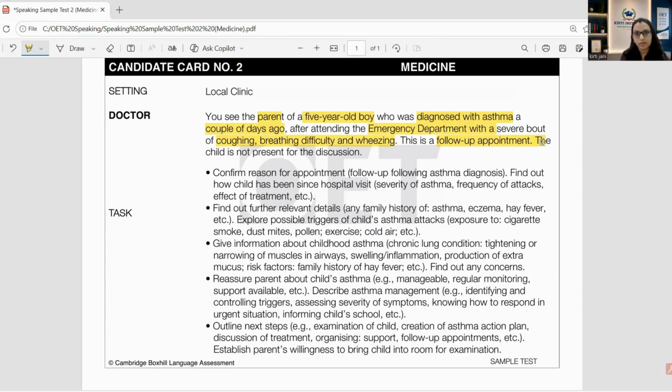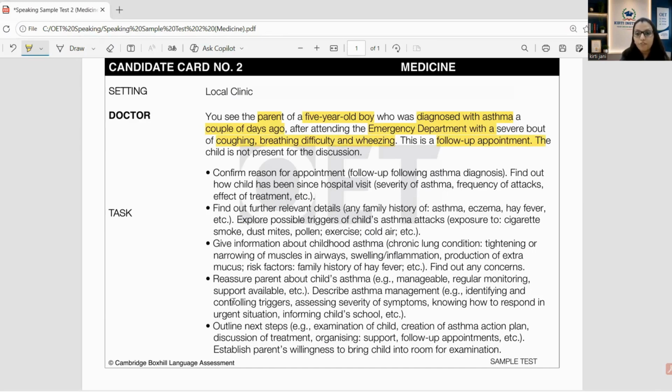Then you read the tasks. Tasks help you to understand how you will begin the conversation and how you will proceed throughout the communication. While reading, you will also highlight the keywords and understand what the keywords mean. Don't underline everything, because I don't think that makes any sense, right? You can see here in the tasks all the verbs that help you to understand what exactly you are going to do.